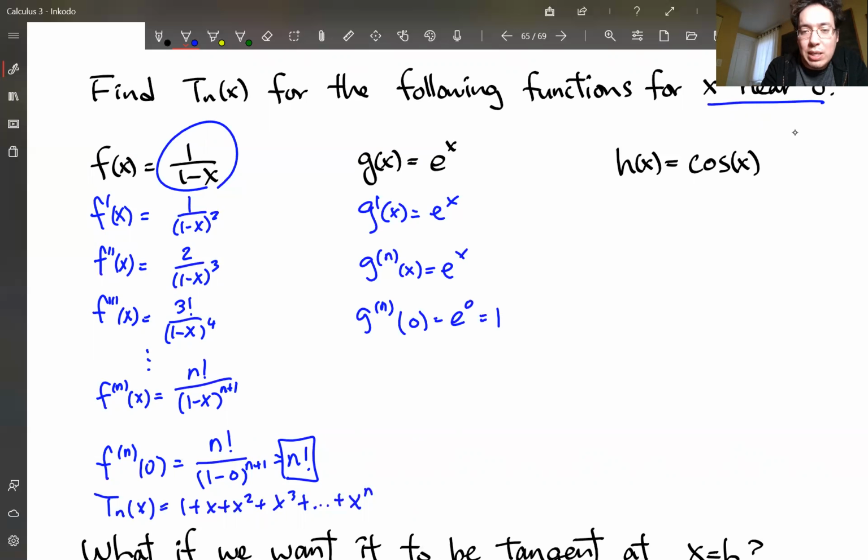Remember, the coefficient isn't the derivative. It's that divided by n factorial. So the nth order polynomial for e to the x is going to be 1 plus x plus x squared over 2 factorial plus x cubed over 3 factorial and so on.